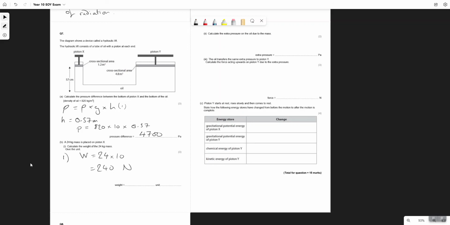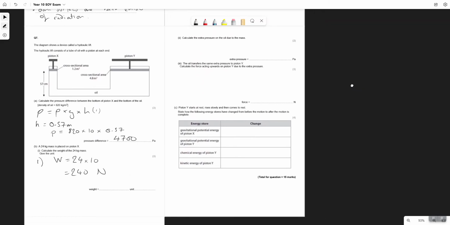That is your final mark. So 1 for substituting in, 2nd for evaluation, 3rd for the unit. Calculate the extra pressure on the oil due to the mass. So we want to use pressure equals force over area.